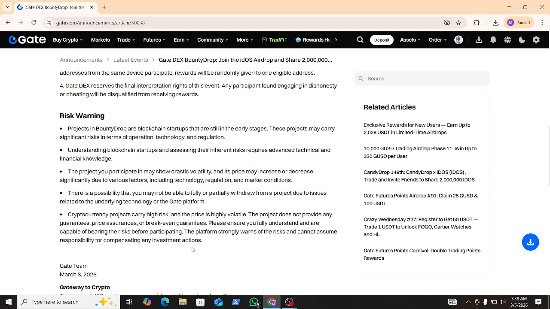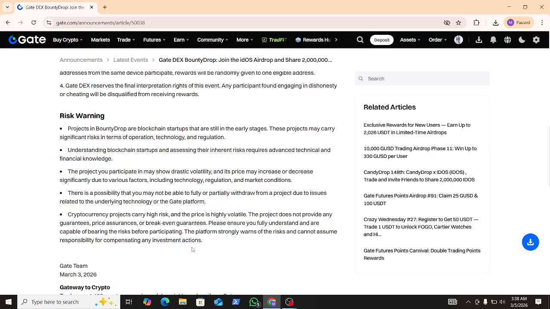There is a possibility that you may not be able to fully or partially withdraw from the project due to issues related to the underlying technology or the Gate platform. Cryptocurrency projects carry high risk and prices are highly volatile. The project does not provide any guarantee, assurance or break-even guarantees.